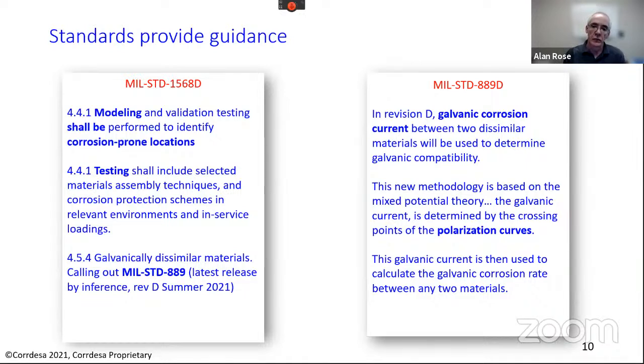Essentially, rather than the traditional galvanic series of potentials, where a big potential is assumed to mean a big risk of corrosion, and the converse as well, they're actually using polarization curves and a mixed potential approach. Essentially, you get polarization curves of different materials, you see where they cross, and you calculate the galvanic corrosion current, and through Faraday's law, the corrosion rate. So it's a completely different way of ranking and assessing risk. And that's going to change very soon.